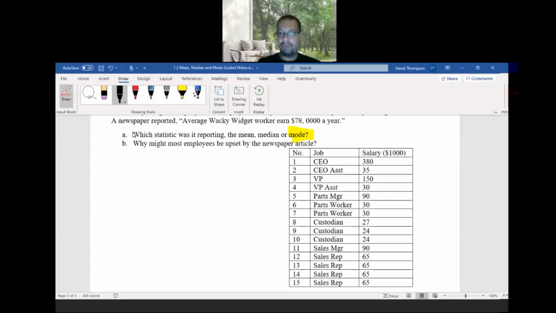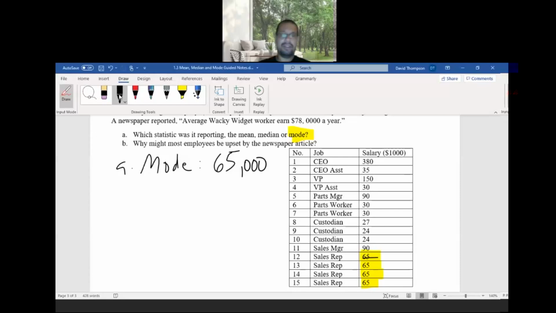I have 4 65s. So it appears like my mode would be 65, $65,000. So this newspaper report's not reporting the mode.